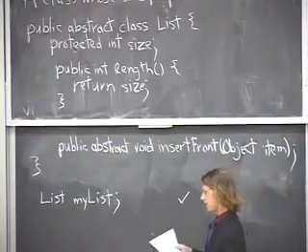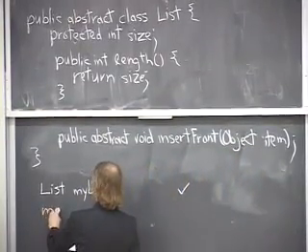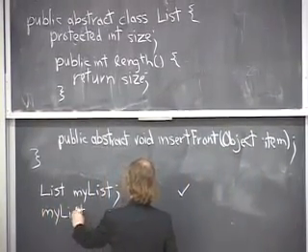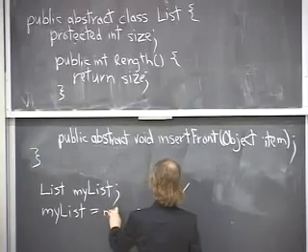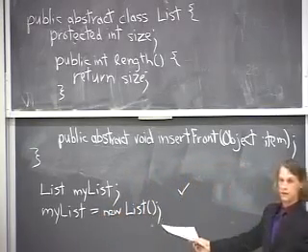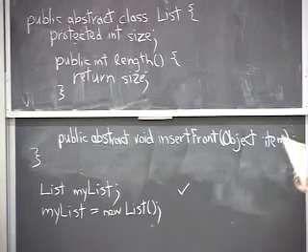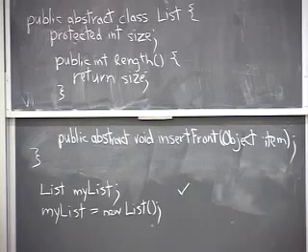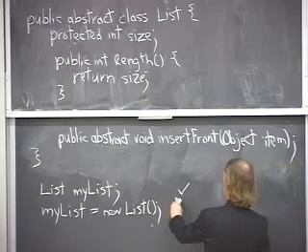But if I actually try to create a list object like that, well, list is an abstract class, which means there are no such things as list objects. So this just gives you a compile time error.